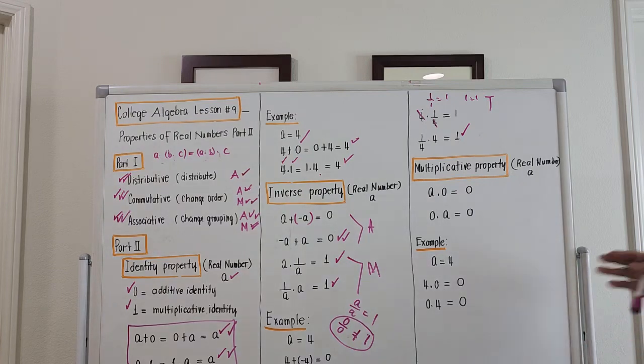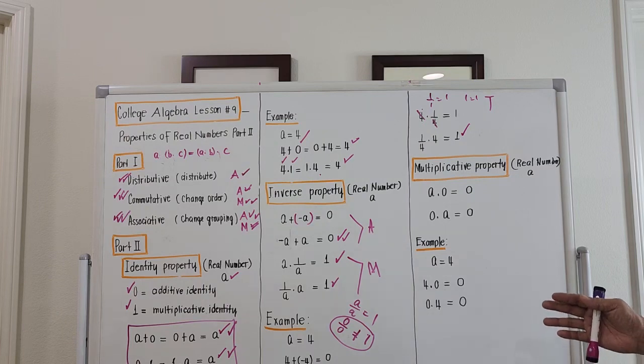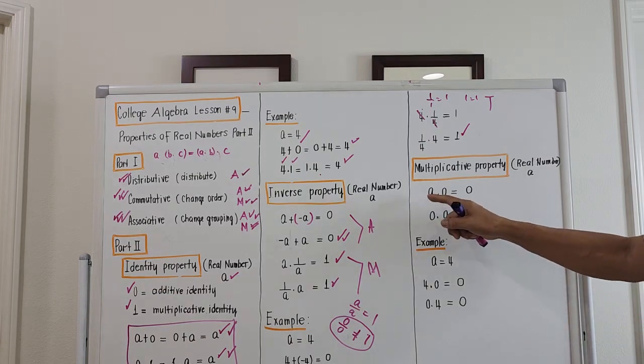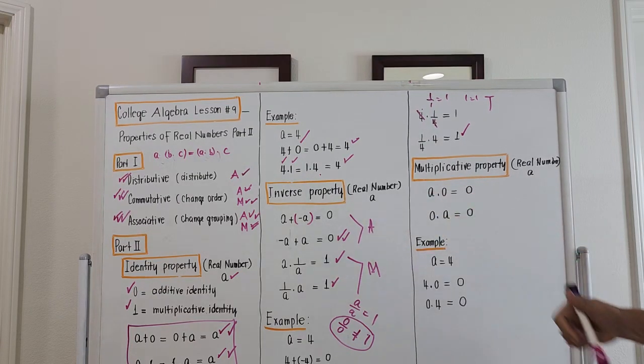For the multiplicative property, okay, this is also very important. You must place this concept in your mind. Whether you are already an engineer, or a scientist, or a pilot, this concept will not change. Any real number multiplied by 0 will be 0.